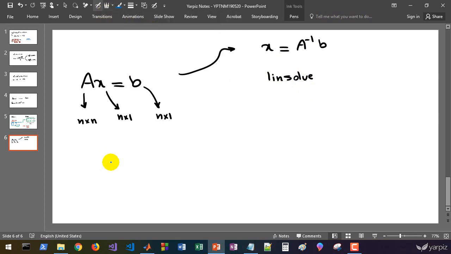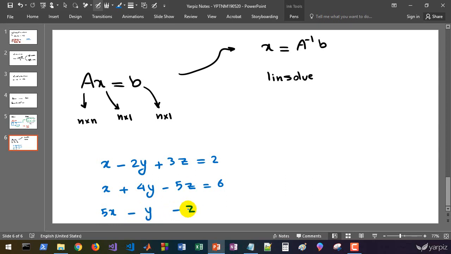For example, we'd like to find the values of x, y, and z such that x minus 2y plus 3z equal to 2, x plus 4y minus 5z equal to 6, and 5x minus y minus z equal to 12.